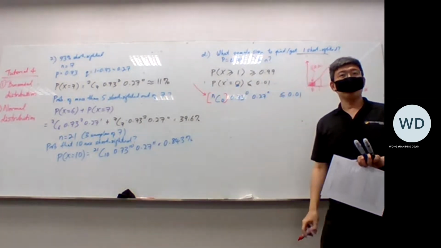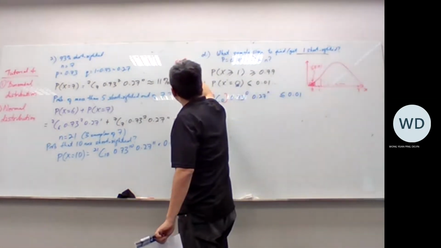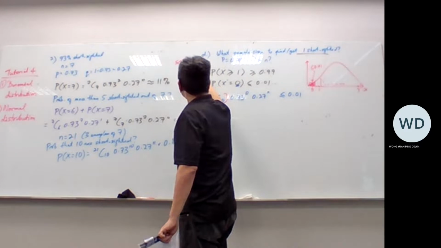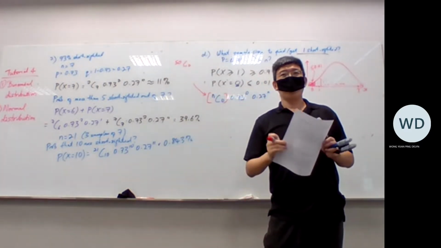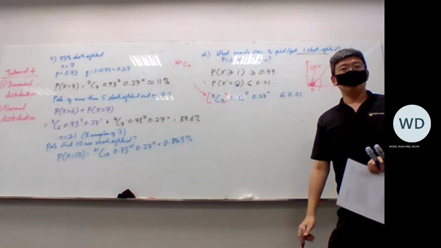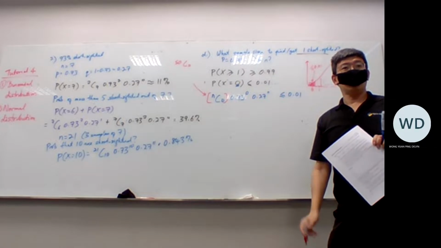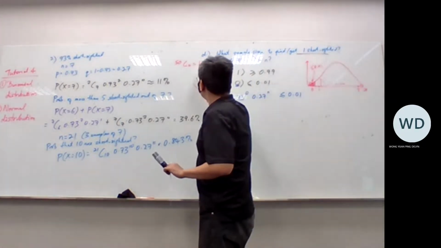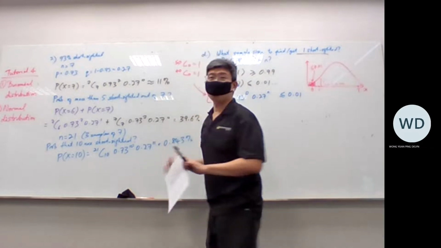Right? Now, why not you just try? What is 50 C 0? Just press on a calculator and see what happens. 1, right? Let's try 40 C 0, also 1.